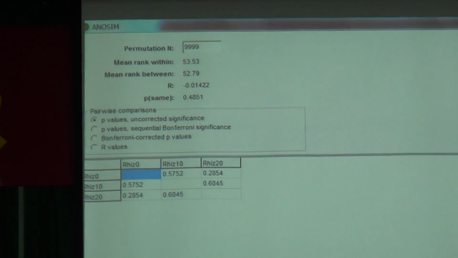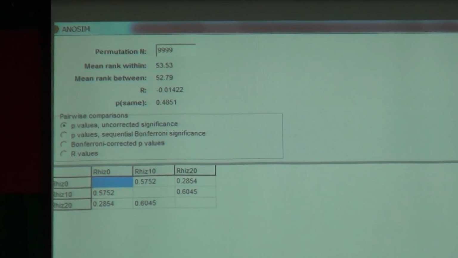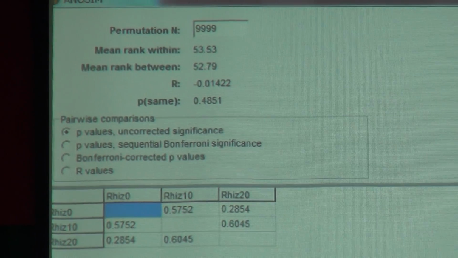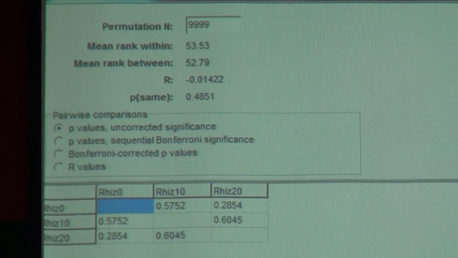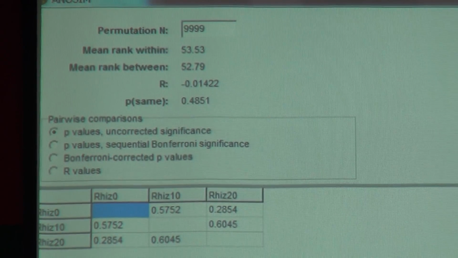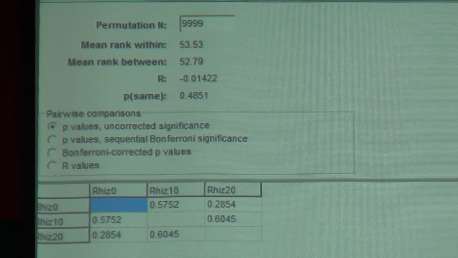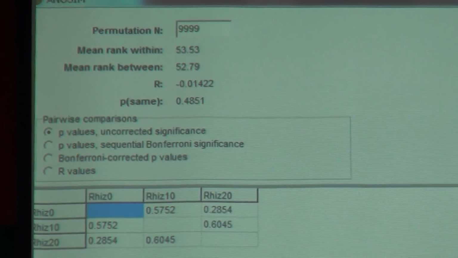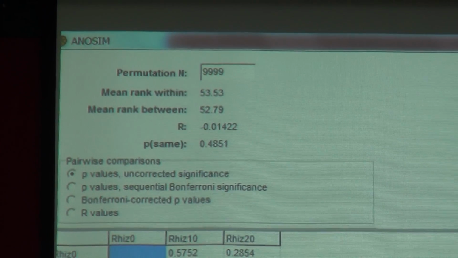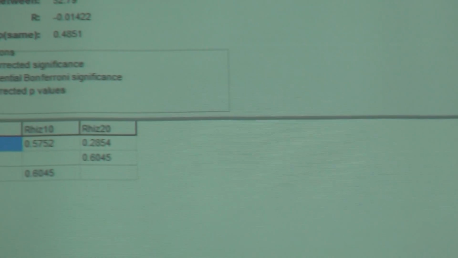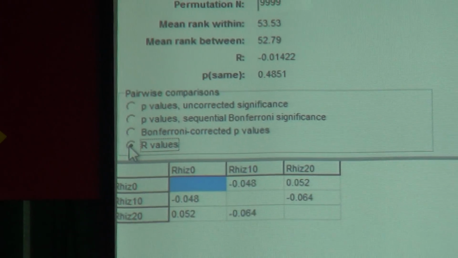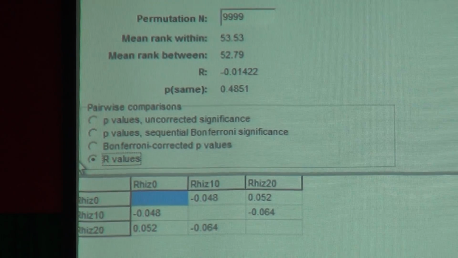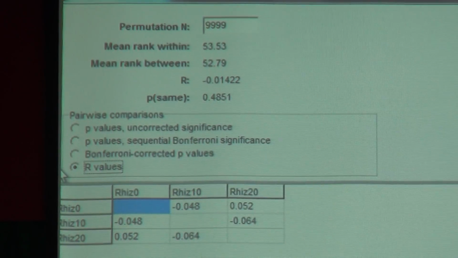Again, we make sure that the distance that we are looking for is Bray-Curtis. Make sure that it stays the same, because we can change it, but we don't change it. And here we have the results of the ANOSIM test. So we can have the R values or the P values. What are the R values?